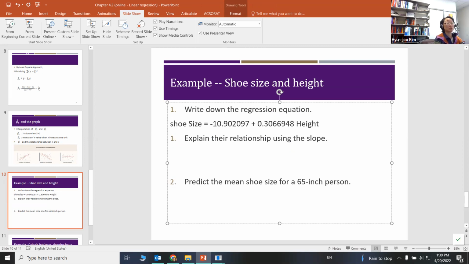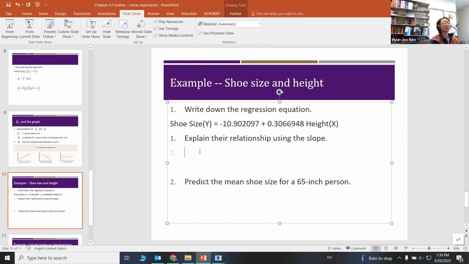Shoe size, which is your y, if you want to use y you can use y there too, is equal to negative 10.9 plus 0.3067 times height, which is x. So that's your linear regression equation line.